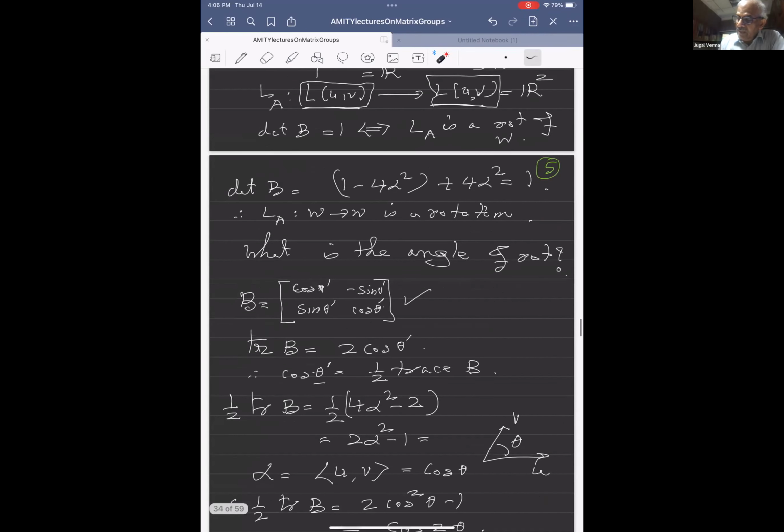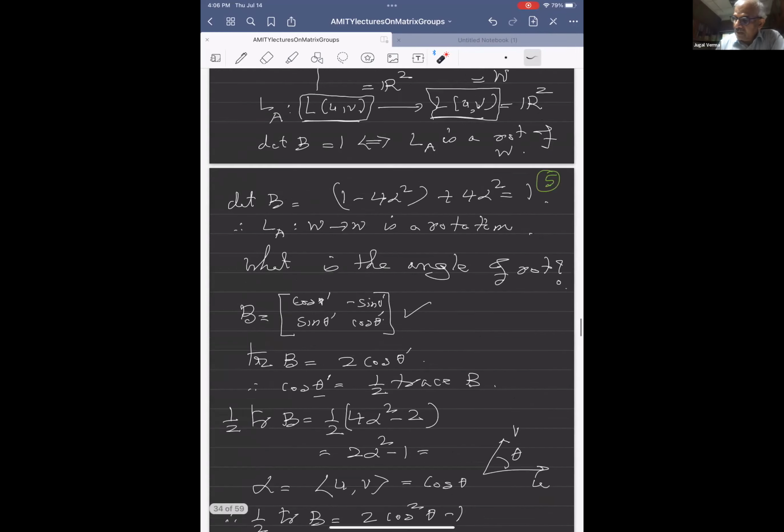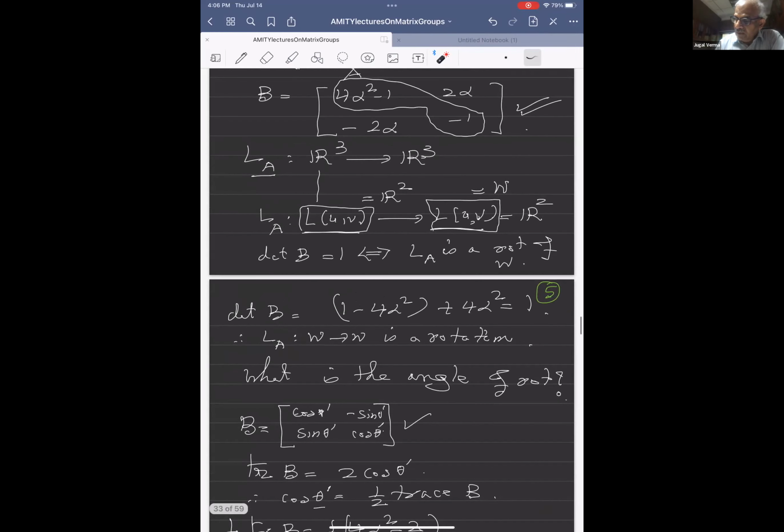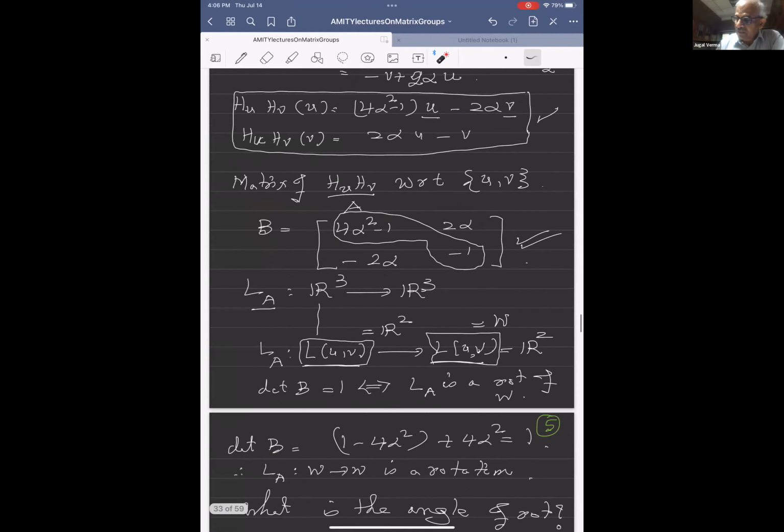So we found the matrix of this transformation from R2 to R2. Take the plane spanned by U and V; the linear transformation induced by the matrix A in SO3 is also mapping vectors from the span of U and V to the span of U and V. This was clear from the computation that we did.